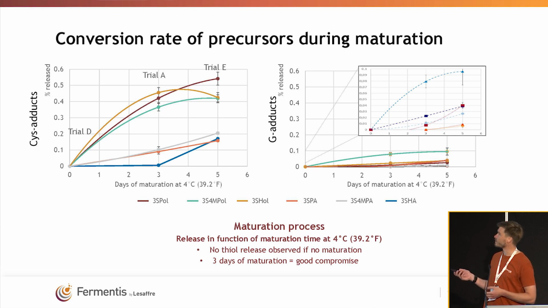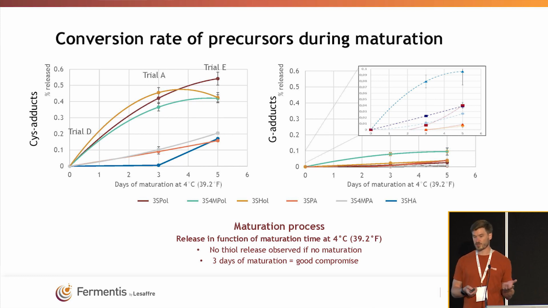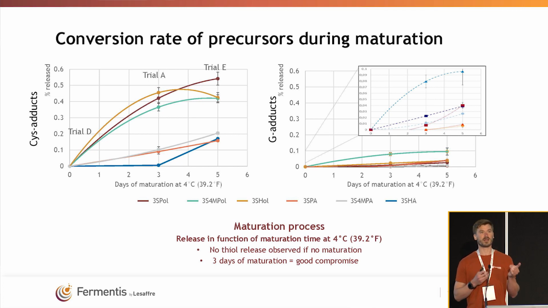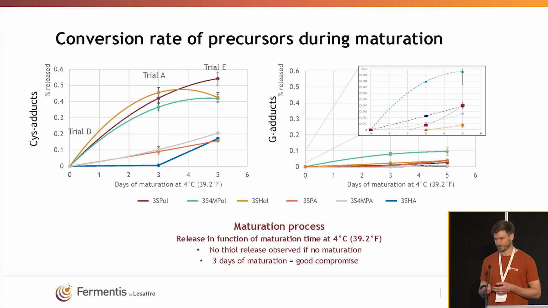And you have also an increase of the esterification, the acetate form of thiols released in the beer. So our suggestion for hop-forward beer, if you want to have good thiol release, would be at least 3 days of maturation as a good compromise between acetate and alcohol form of thiols.